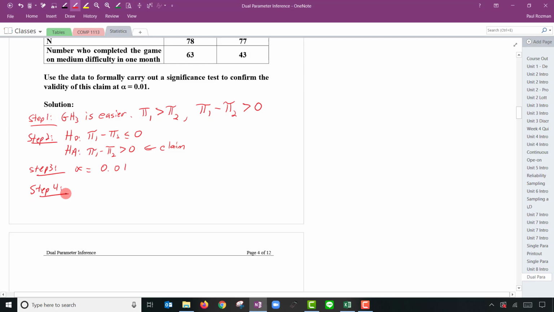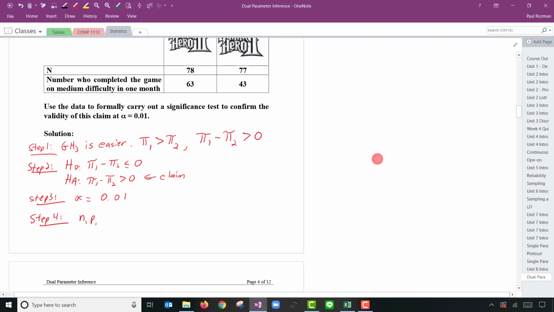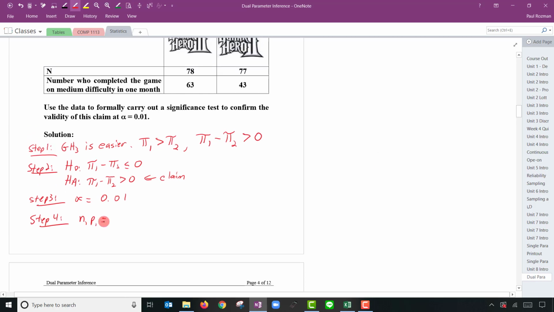Step 4 is where you check your assumptions. For comparing two proportions, you have to check n1 p1 and see if it's greater than or equal to 5. For group 1, we tested 78, and 63 out of 78 were successful. This number is 63, which is certainly greater than or equal to 5.